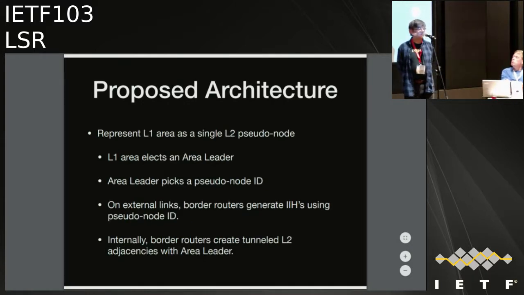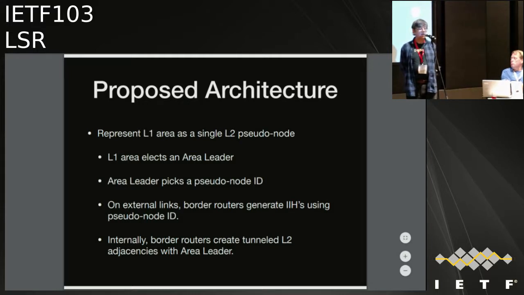So what I'm proposing is that we represent a level 1 area as a single level 2 pseudonode. Inside the level 1 area, we'll use the area leader mechanism that we came up with for dynamic flooding. We're going to elect someone to pick that pseudonode ID, and he's going to advertise that throughout his level 1 area.